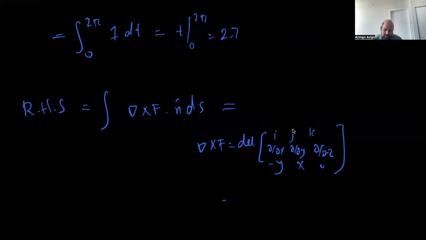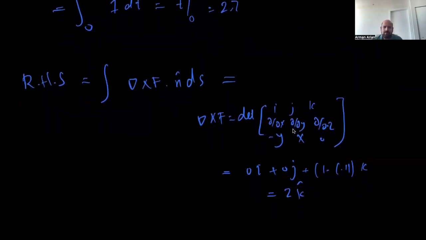The first coordinate will be 0, and the second coordinate will also be 0. The third coordinate will be 1 minus another minus 1, so plus 1 minus minus 1, which is 2k.